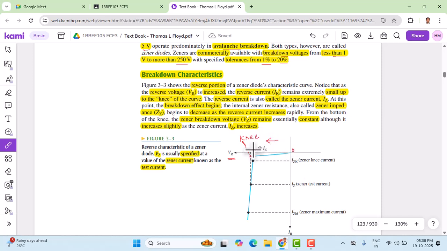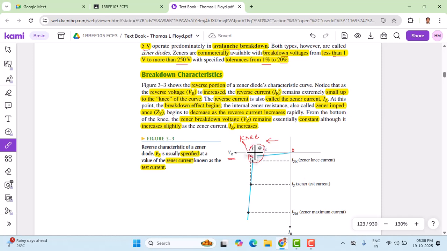For reverse voltage VZ, a large current surges through the Zener diode due to the breakdown. In that region the breakdown happens and the current starts increasing. Until then, the current in the Zener diode remains very small.